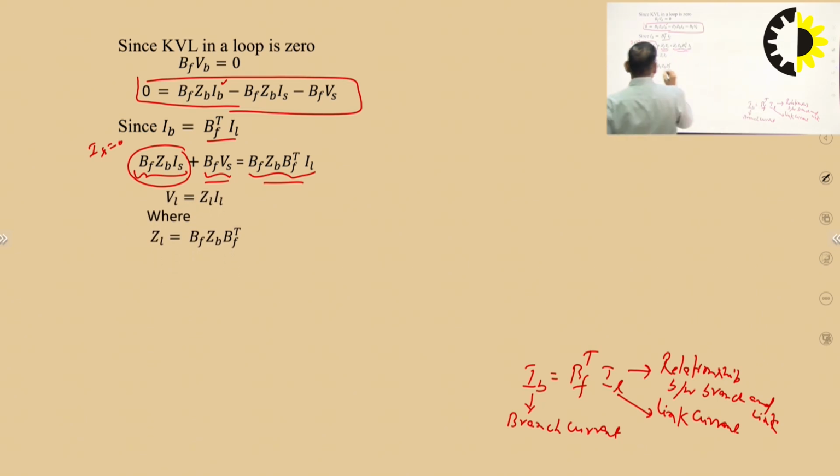Now this is VL, and VL is equal to ZL IL. This is your loop equation.